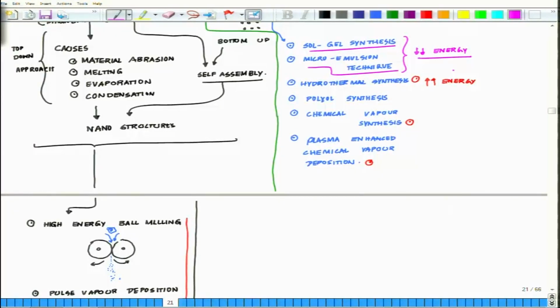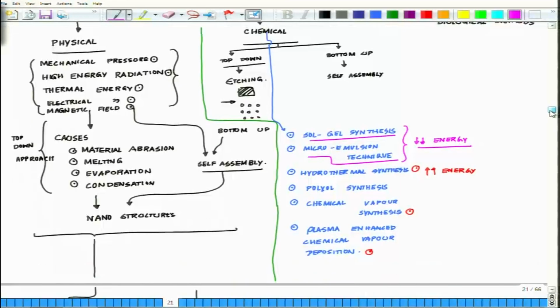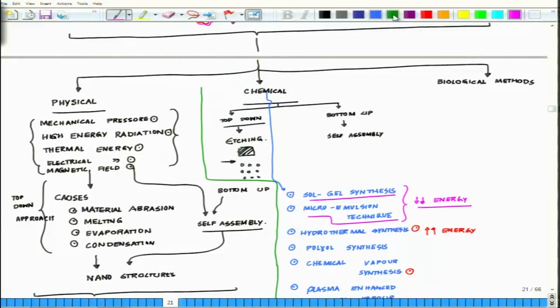Once we talk in detail about this, we will highlight why some of these techniques are low energy requiring, whereas the other ones are high energy requiring. So we have now enumerated the physical and the chemical synthesis routes.